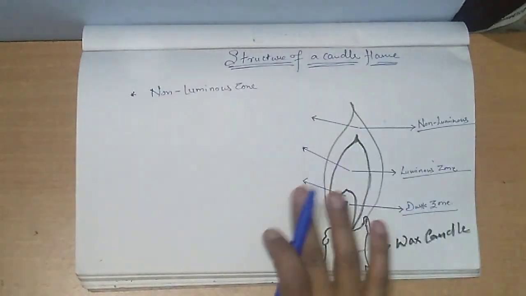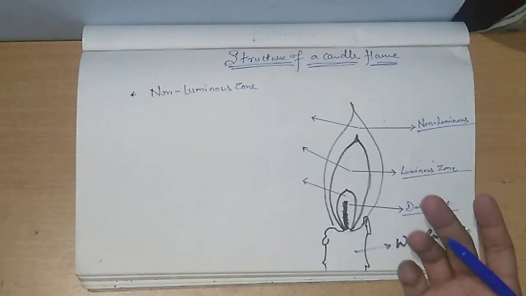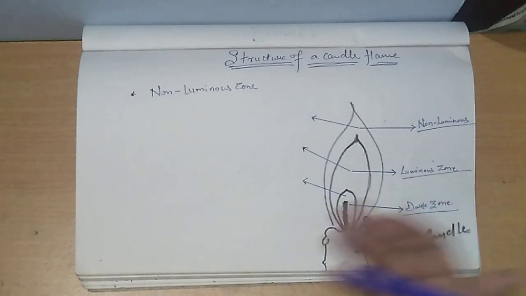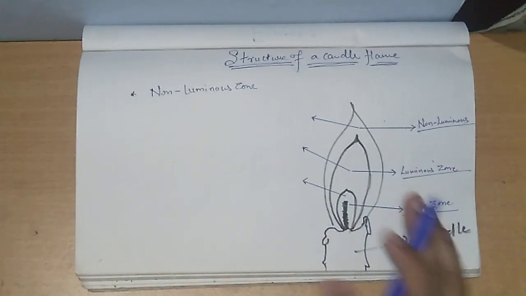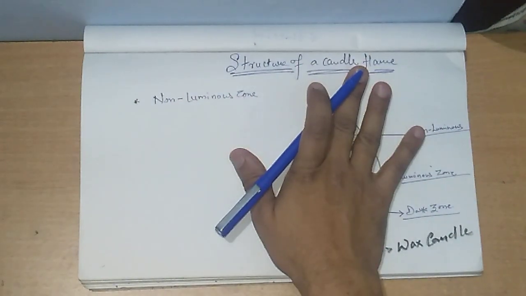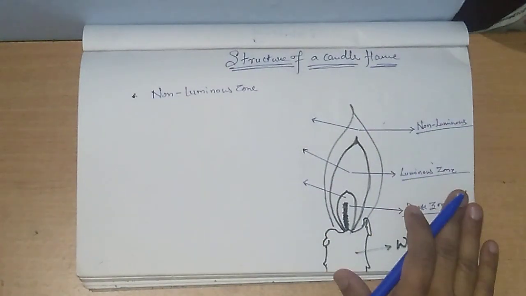So what is the reason behind it? The flame of any burning material has different zones in it. Let us discuss each and every zone one after the other.